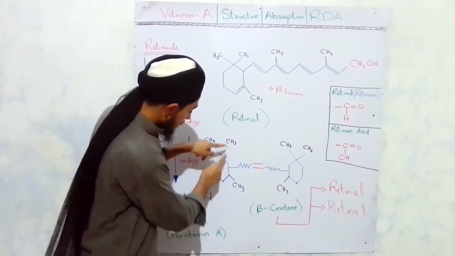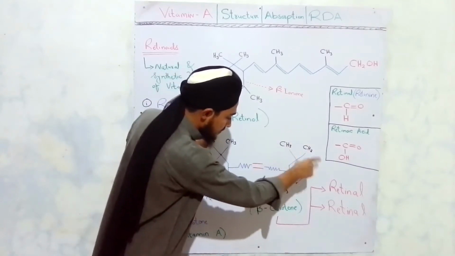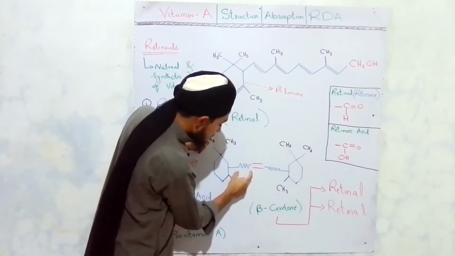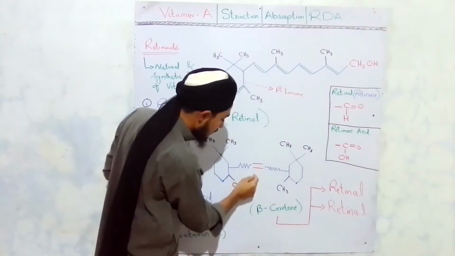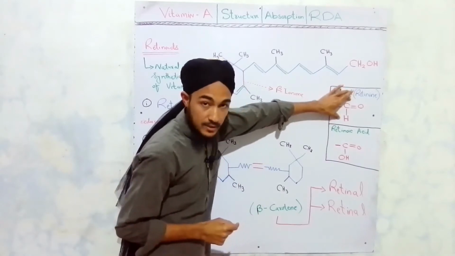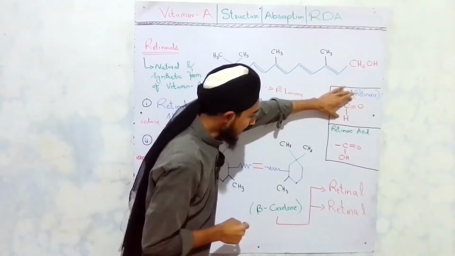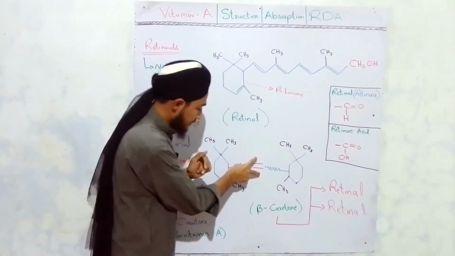So here it is one retinal molecule and this is another retinal molecule, and these are the side chains, and at the end of each chain there are the aldehyde groups. So these aldehyde groups are bonded with each other with double bonds.